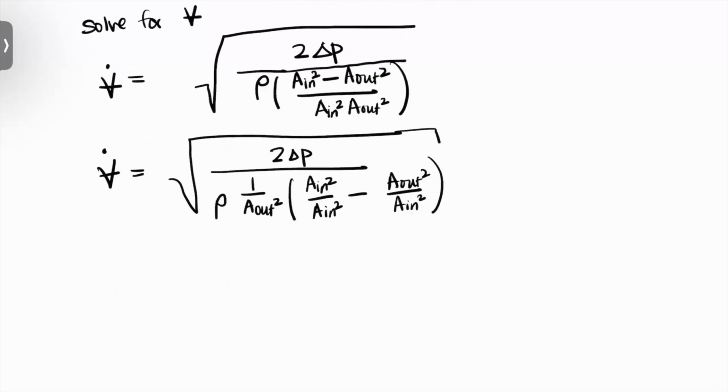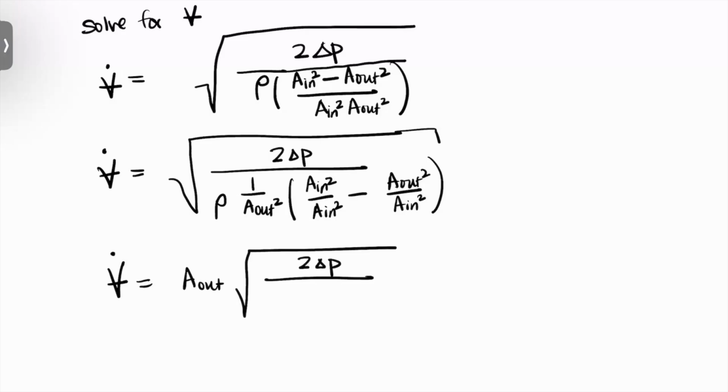All right, the 1 over A out squared, since that's in the denominator, it comes into the numerator, and we're taking the square root of a square, so I can bring out the A out here. And then I have 2 delta P divided by rho times 1 minus A out over A in, quantity squared.